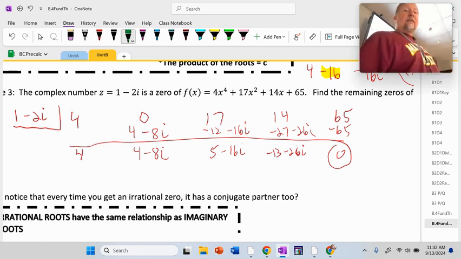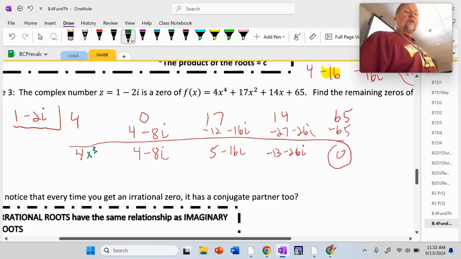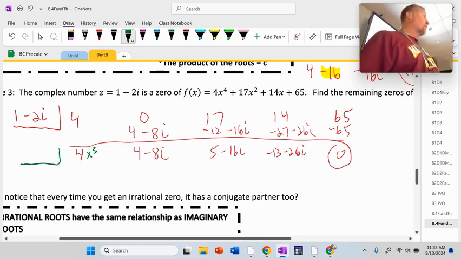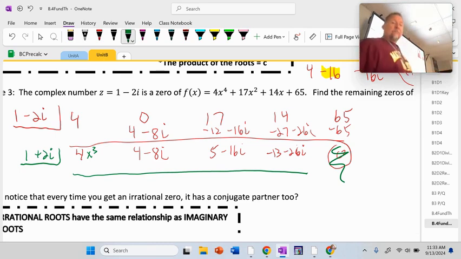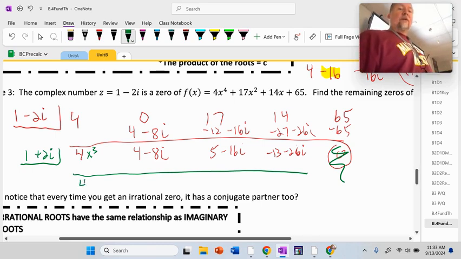And guess what? This is now an x cubed. Look at these coefficients. Watch how easy this is. What else is a 0? 1 plus 2i, and now you're like, oh my gosh, I have to synthetically divide again. By the way, this column's now dead because it's now an x cubed. Watch how easy this is. I bring down the 4. Look, 4 distributed, 4 plus 8i.